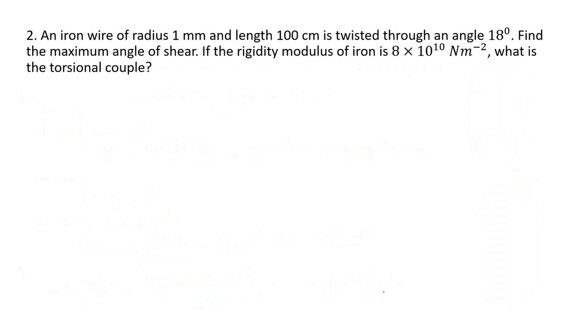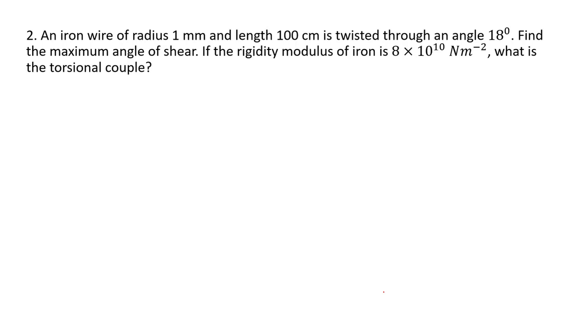Let's move on to the next question. An iron wire of 1 millimeter radius and length 100 centimeter is twisted through an angle 18 degrees. Find the maximum angle of shear if rigidity modulus of the iron is 8 into 10 to the power 10 Newton per meter square.